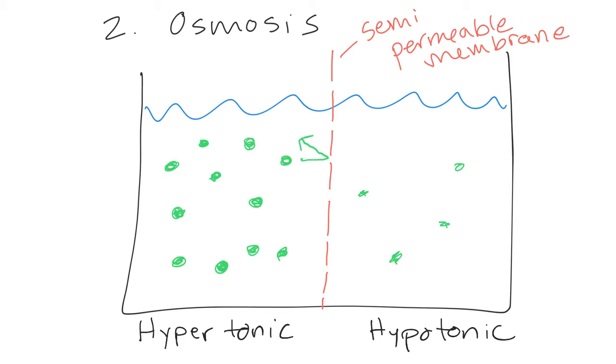And so the water is always going to flow from the hypotonic solution to the hypertonic solution, which is what we showed. And that'll continue until they are both equal. Hypo means less. So if it has more solutes, it's hypertonic. Less solutes, hypotonic. All right, that all easy? Understood?